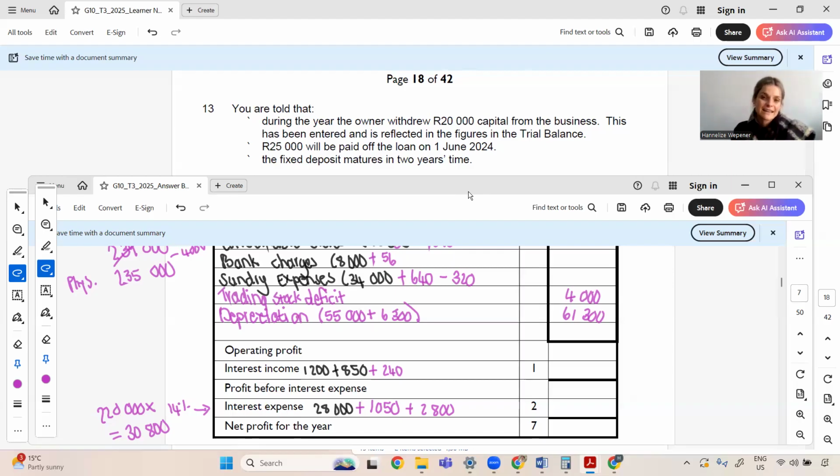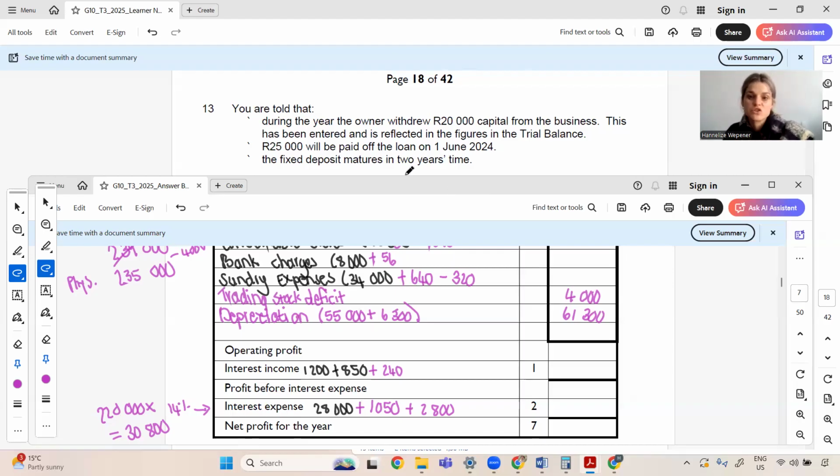It is seen as a current liability. So then you just have to reallocate the 25,000 from your non-current to your current. But we will look at that once we do SFP.